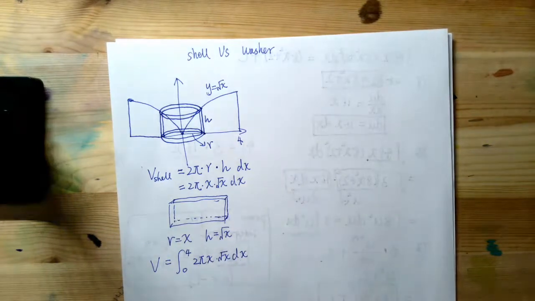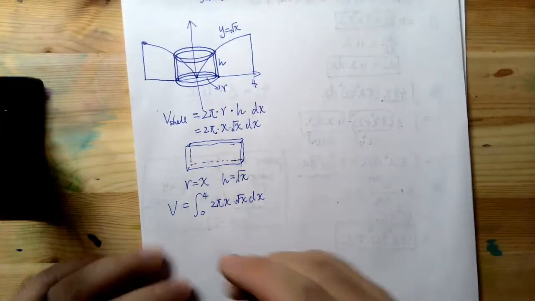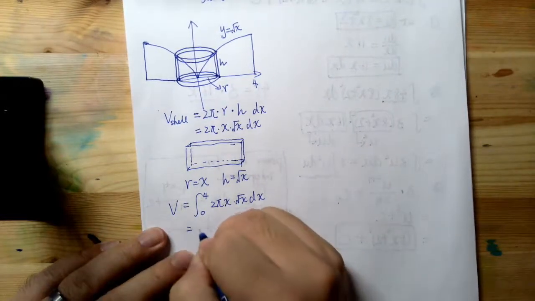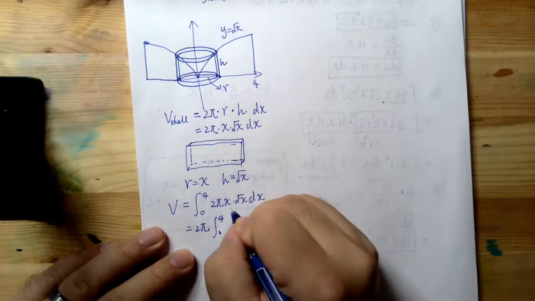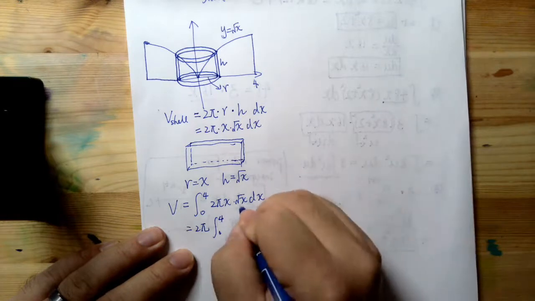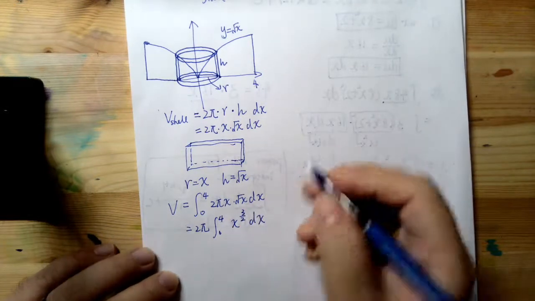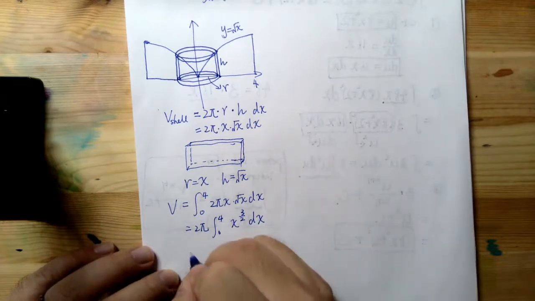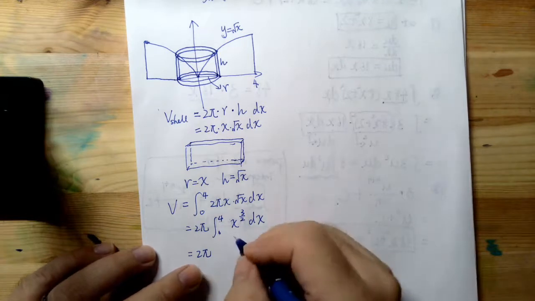This integral is very easy to evaluate. We can factor the 2 pi out: integral from 0 to 4 of x times x to the power half, which is x to the 3 halves dx.